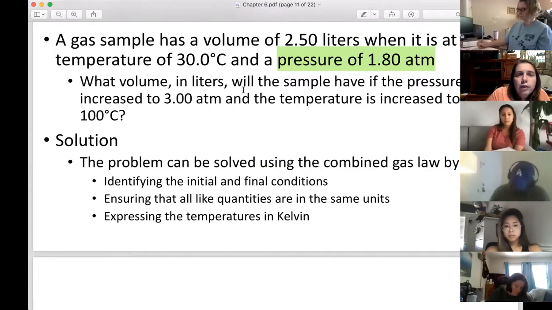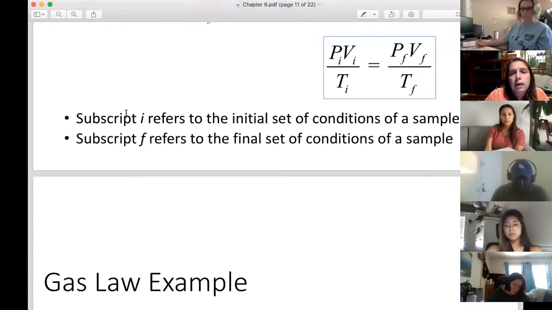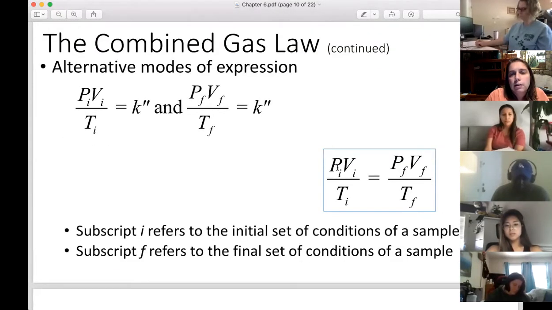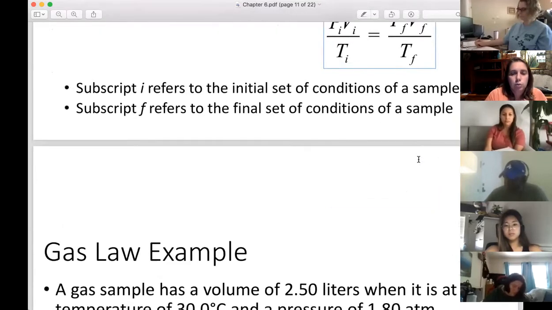And then we're told, what volume in liters will the sample have if the pressure is increased to 3 atmospheres. So this is our final pressure, and the temperature is increased to 100 degrees Celsius. In Kelvin, this would be our final temperature. So in that case, you have this, this, this, and this, and you are solving for this one. So it is an algebra plug and chug situation.